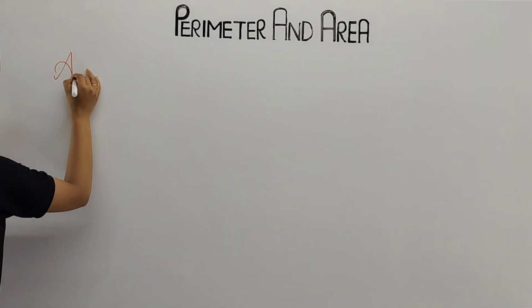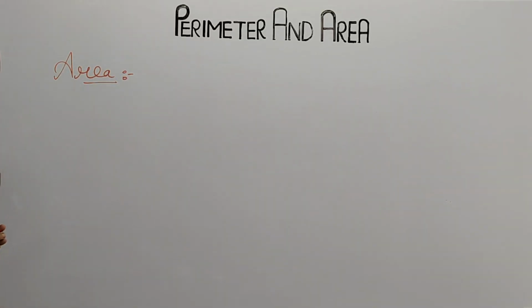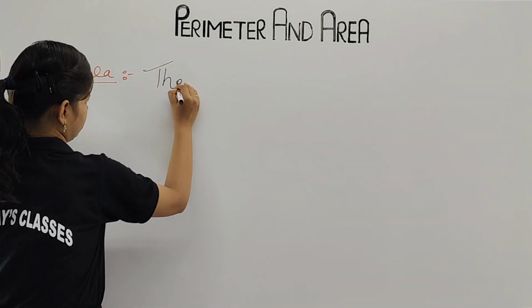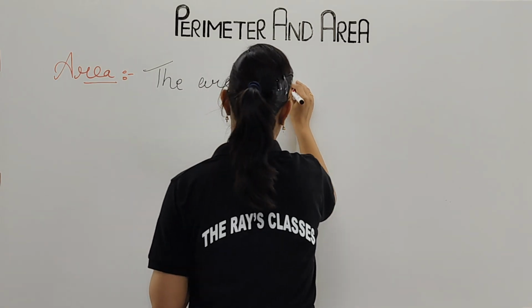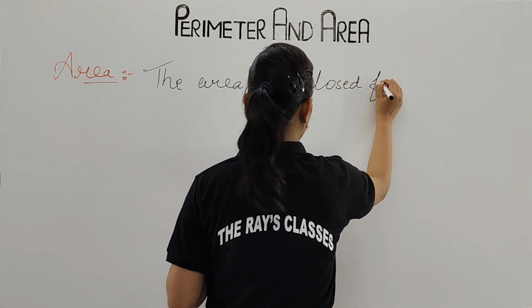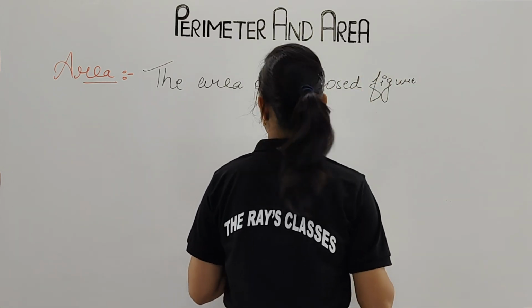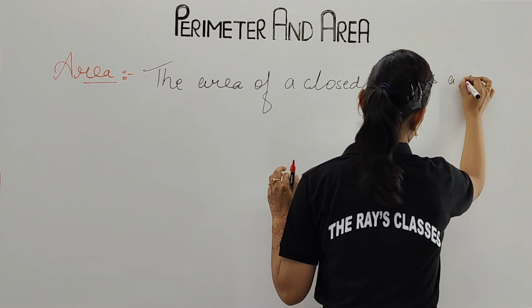Area. What is that? What is our topic? Area. Simply we are going to write the definition. The area of a closed figure is the surface covered by it.